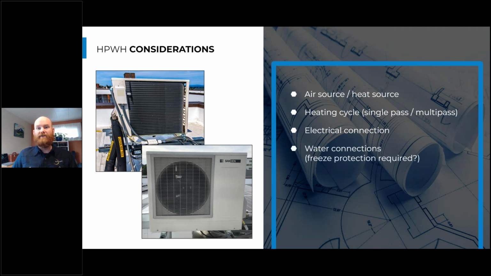The water connections. Is freeze protection required, or do I need it in this system? When we use split system heat pumps, we might locate that compressor, that heat pump, remotely from our storage tanks on our rooftop. And we might want to put heat trace on that piping to ensure that when it's 20 degrees outside and this heat pump's extracting heat from the air, the pipes aren't freezing too.